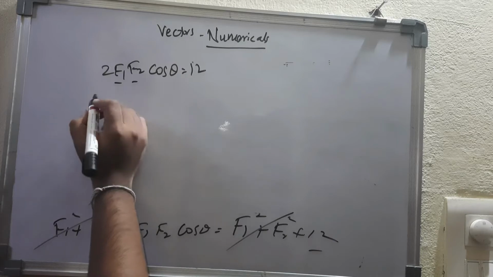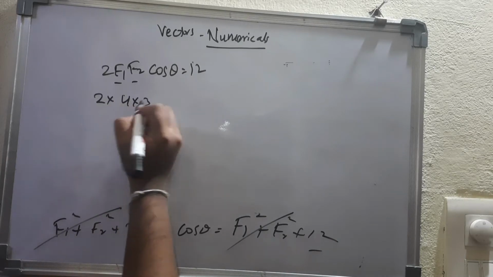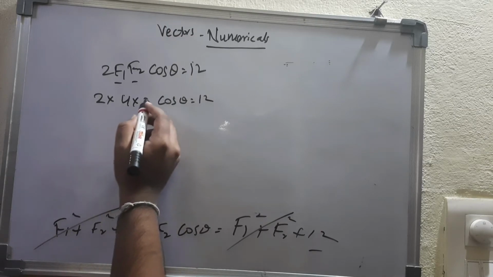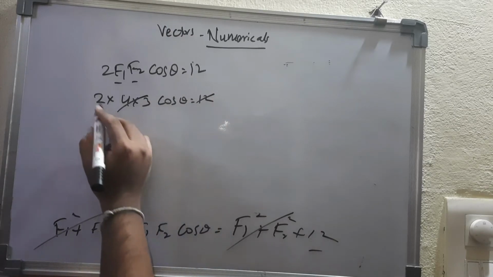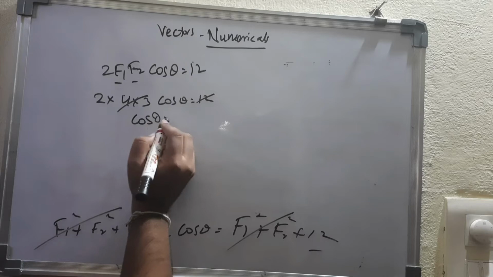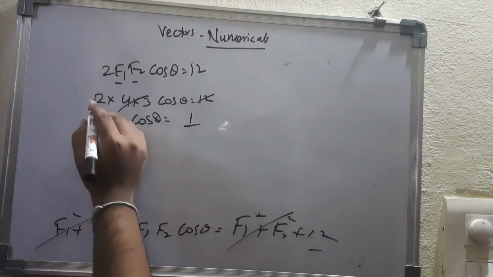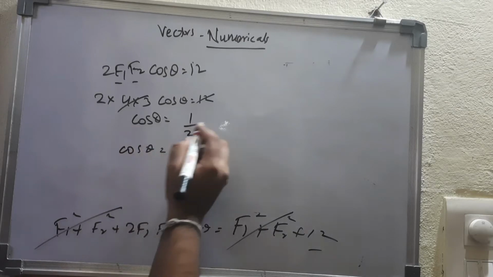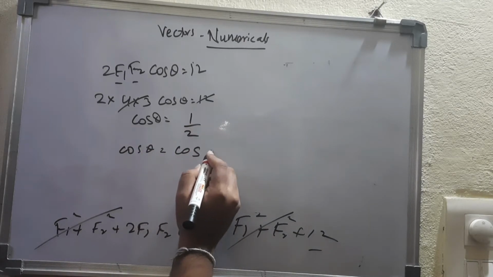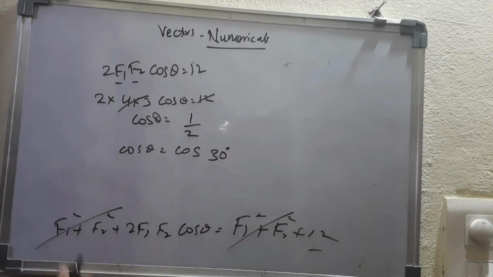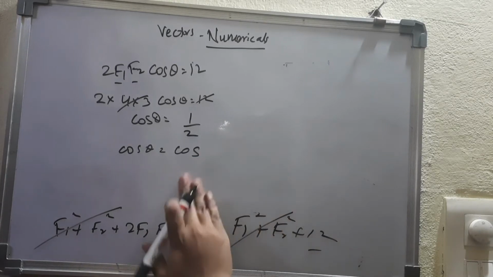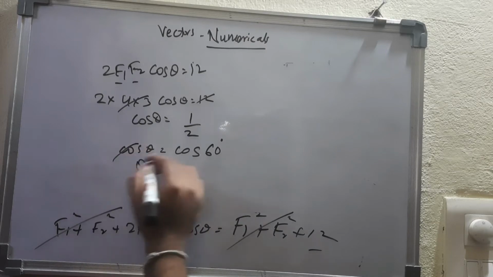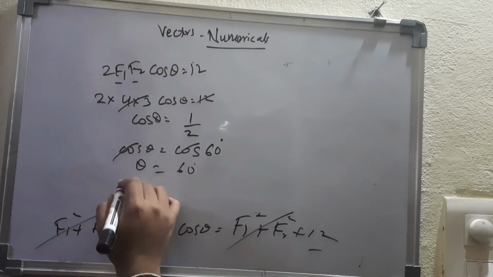You know the F1 and F2 values: 2 into 4 into 3 cos theta is equal to 12. The 12 cancels, cos theta equals 1 by 2, which is cos 60 degrees. Now cos cancels, theta is equal to 60 degrees.